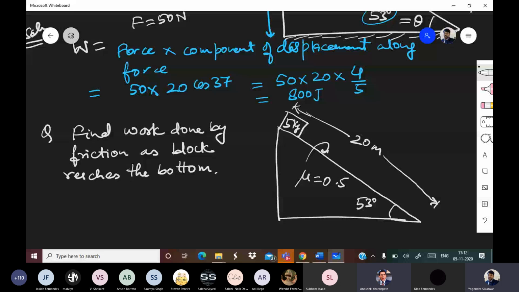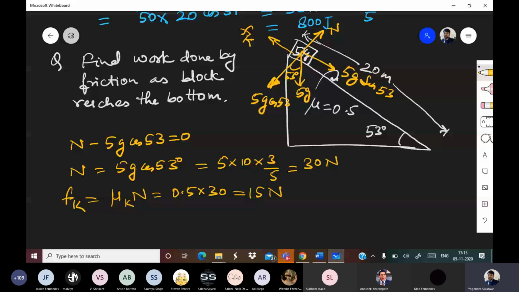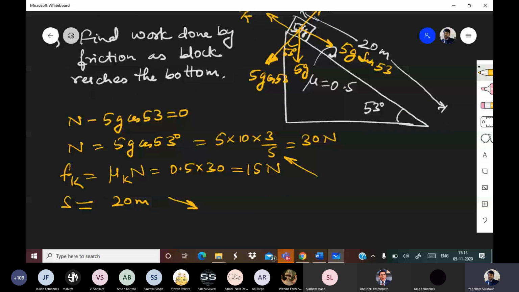Okay, so Fk is acting upward as you can see. Please keep your mics muted, everyone. Fk is acting upward. Displacement S is equal to 20 meter and that is down. So work by friction is equal to Fs cos theta.